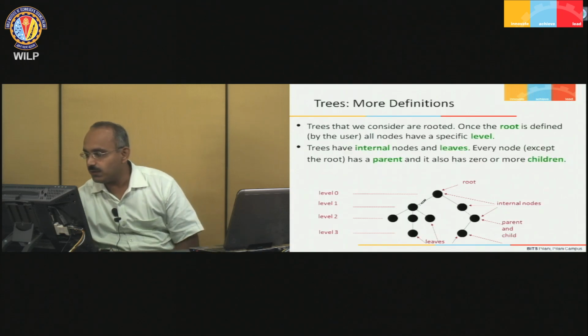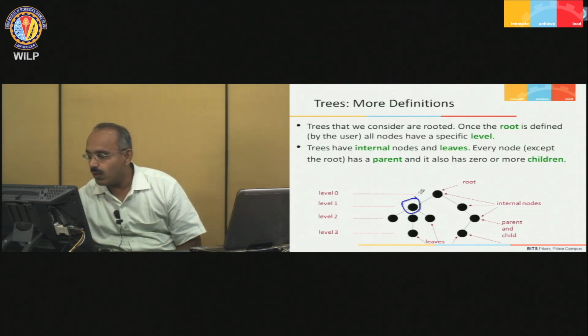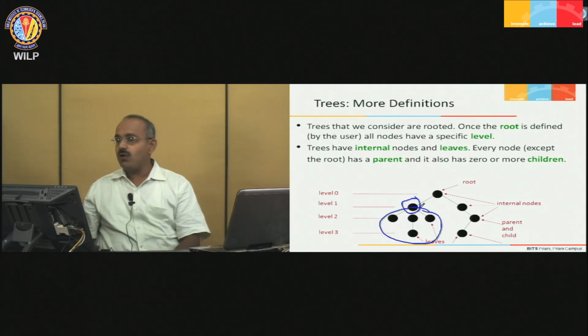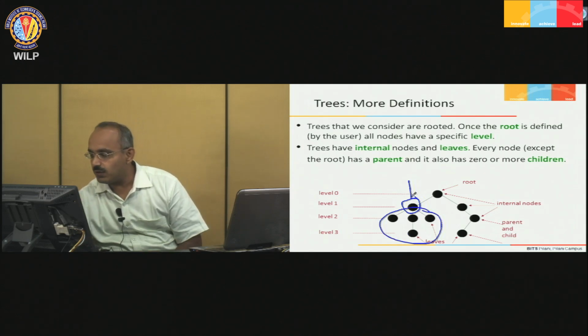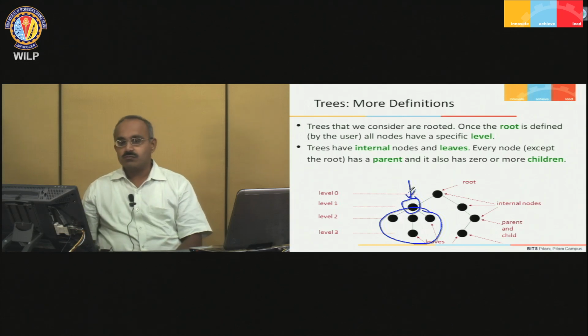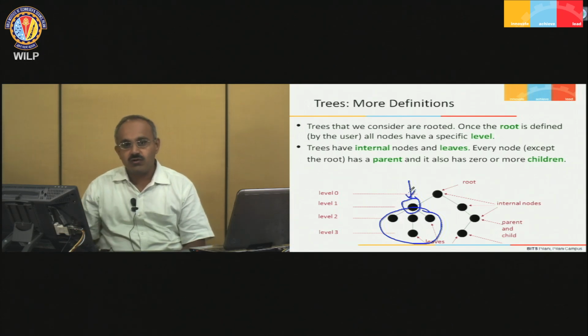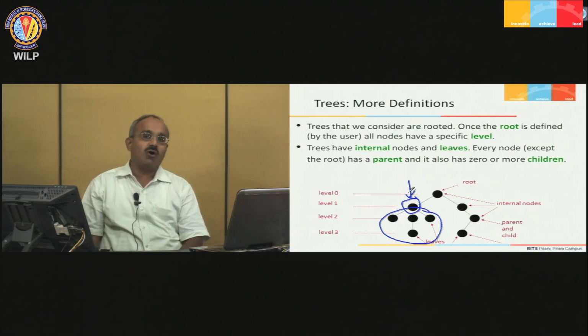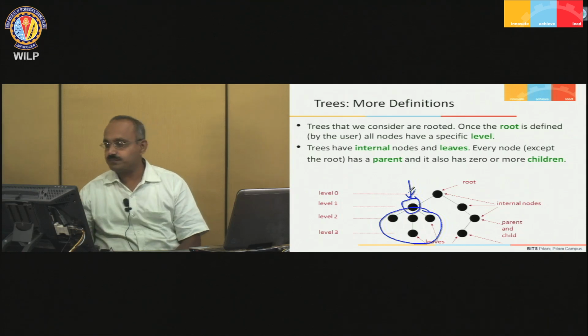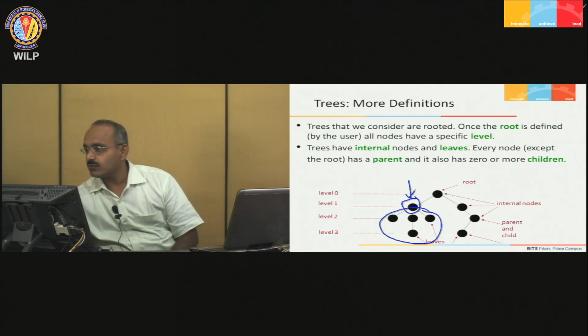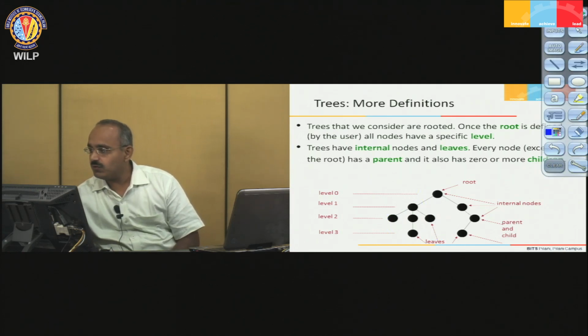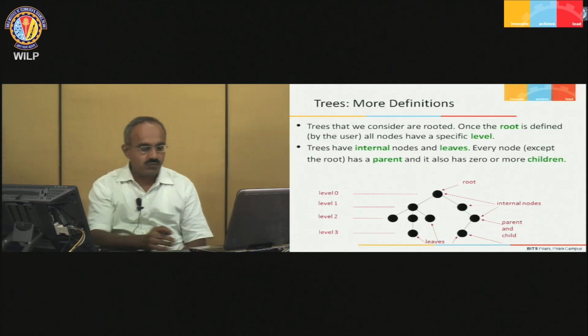So, this node along with all its descendants will be called a subtree rooted at this particular node. Right. So, a subtree rooted at a particular node would mean that node along with all its descendants. The idea of a subtree is going to be very crucial in a lot of applications that we are going to do.